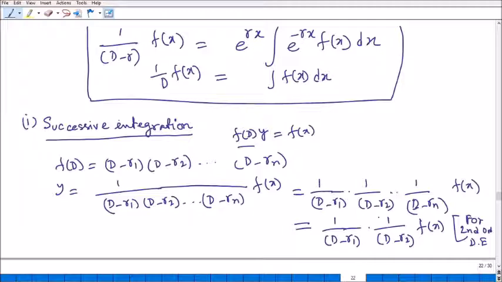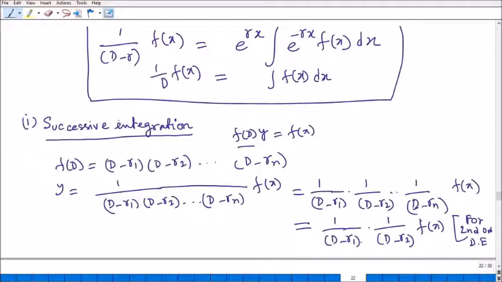Let me repeat the successive integration method. Here the function f(x) is integrated successively. For a second order differential equation, it would have two parts, 1 by (D minus r1) into 1 by (D minus r2). The function is first integrated using the operator 1 by (D minus r2) and then integrated using the operator 1 by (D minus r1).